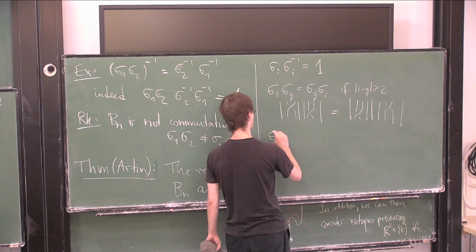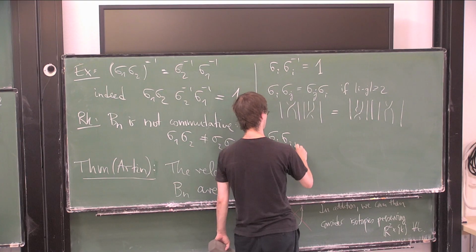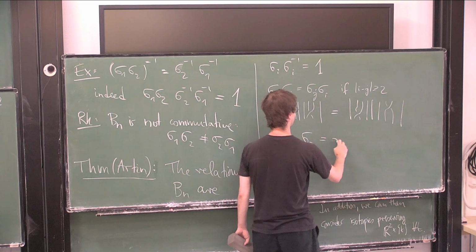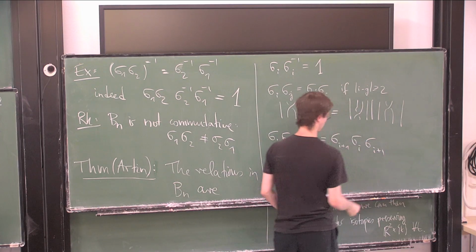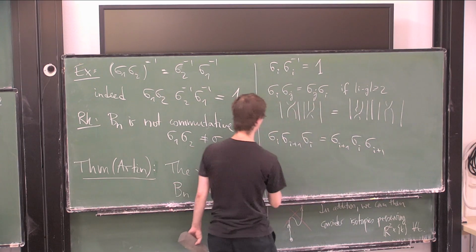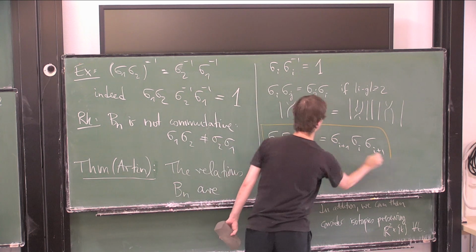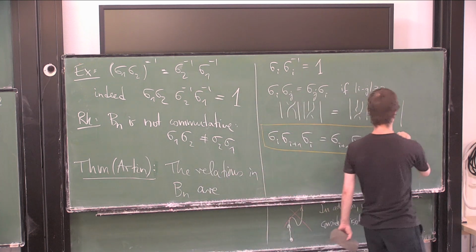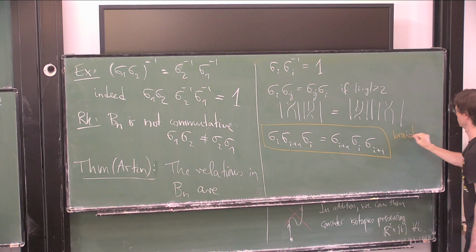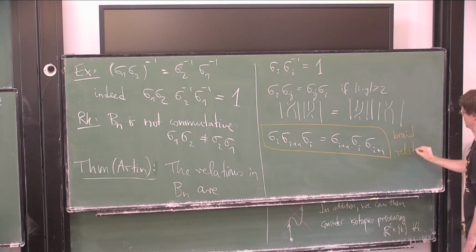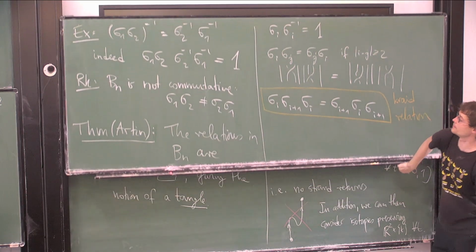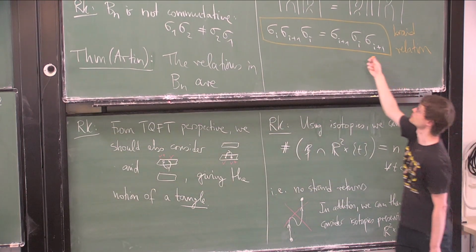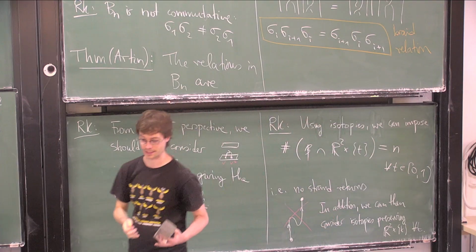The really nice relation is this one. Famous relation called the braid relation. And you really should draw the picture. I give you some minutes to draw the picture and to verify that they're indeed the same.